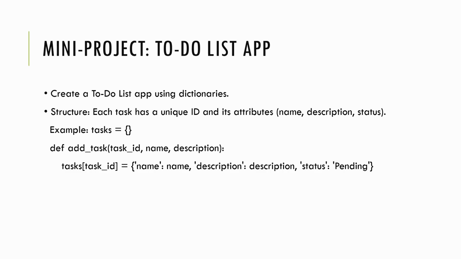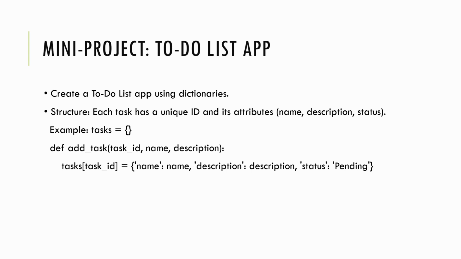Now let's put what we have learned into practice with a mini project, a to-do list app. We will use a dictionary to store tasks, where each task has a unique ID along with attributes like the task name, description, and status. Here's how we can define the structure.